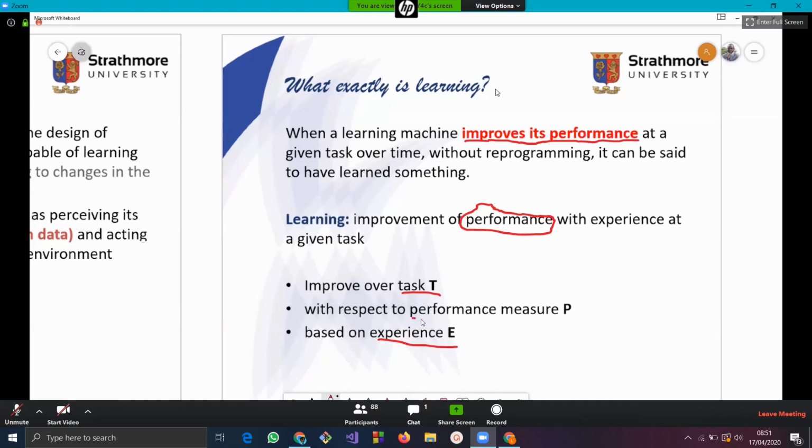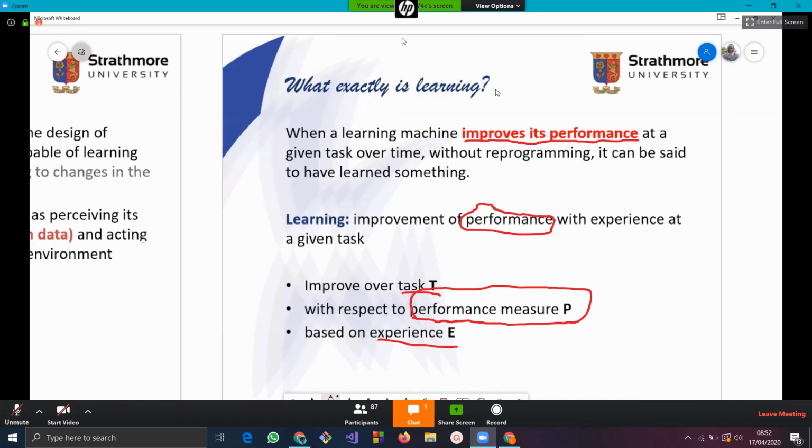Then very importantly, there is a performance measure. This performance measure is what is supposed to tell us whether this is machine learning or not learning, because it must improve its performance. And we used various ways to measure performance.